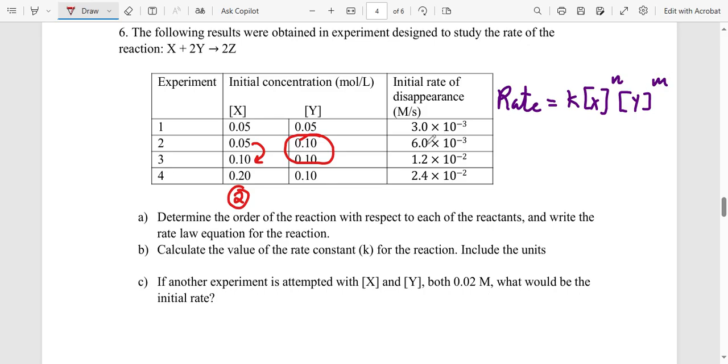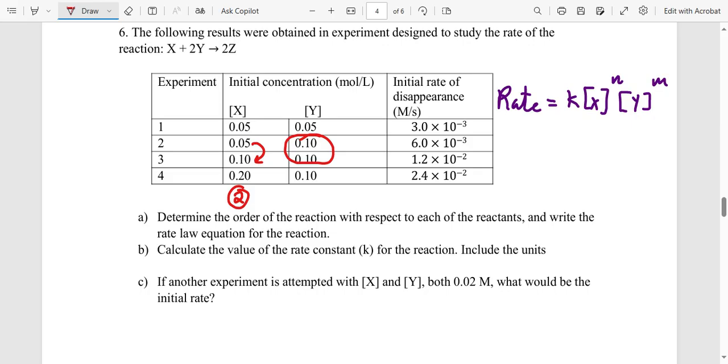And then look at what happened to the rate of disappearance. We moved from 6 to 1.2. Now it will be hard for you to be able to tell, but just say how many times does 6.0 times 10 to the power negative 3 go into 1.2 times 10 to the power negative 2?